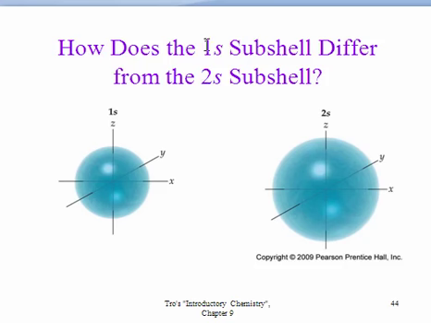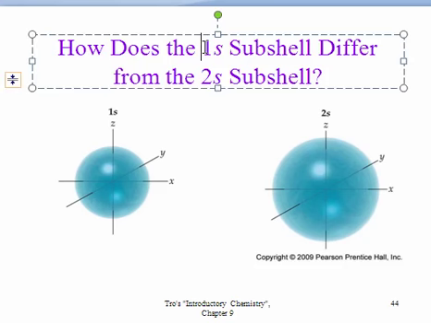So when we're talking about subshells, we typically indicate the energy level that subshell is in with a number right in front of it. So 1s tells me it's in the first energy level, S tells me the subshell and the shape of the orbital. 2s tells me second energy level, S tells me the subshell and the shape of the orbital, and I know that my 2s is higher in energy, so it's further away from the nucleus and therefore a larger shape.